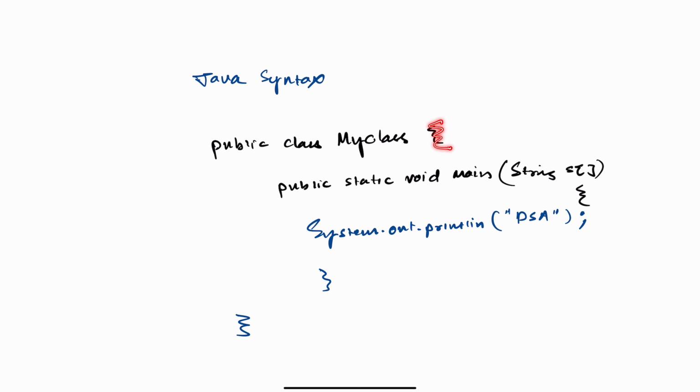Curly brackets for opening the class, curly brackets for opening the method, and parentheses represent the parameters or calling the method with parameters. And the most important thing, semicolon. Every line should end with a semicolon. That is the end of the statement. A statement can be a command or instruction. So with this one, we'll proceed to a quick exercise to print some text.